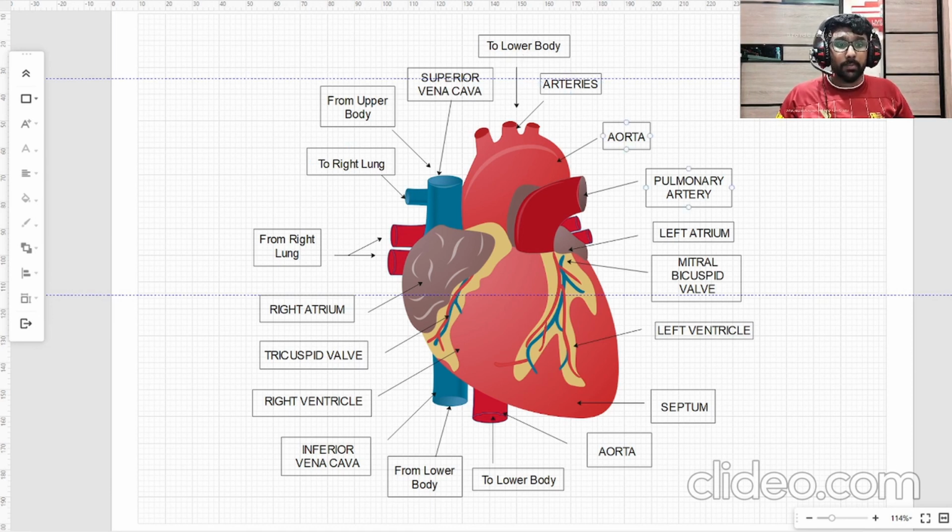And then these are the main parts of the heart. The heart in particular has a lot of parts, but these are the main parts because usually the heart is made up of four parts, which is the right atrium, right ventricle, left atrium, and left ventricle.